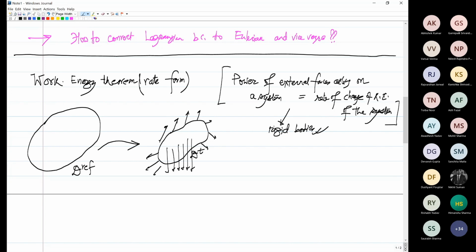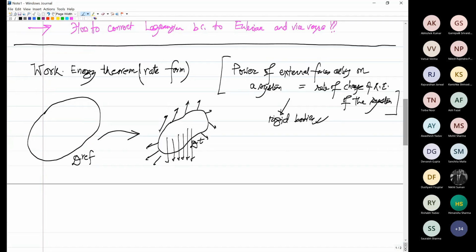Okay, so for this part of the body force and the traction forces, they are external to it. So what will be the power of these forces? Corresponding to body force, what will be the power? So power, do you guys know what is power? That is force dotted with the velocity of the point of application on which the force is acting, right?